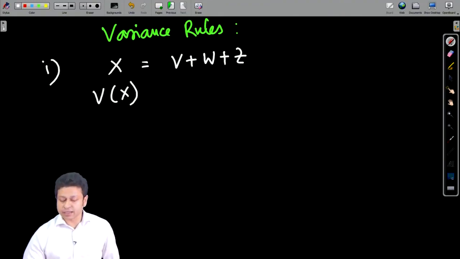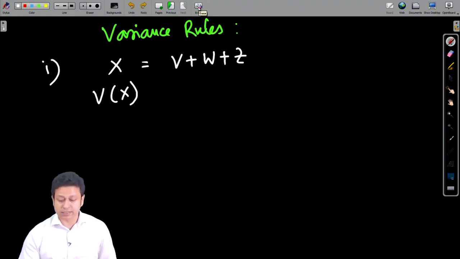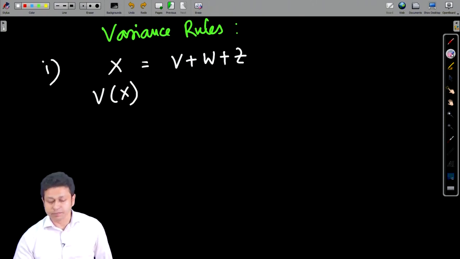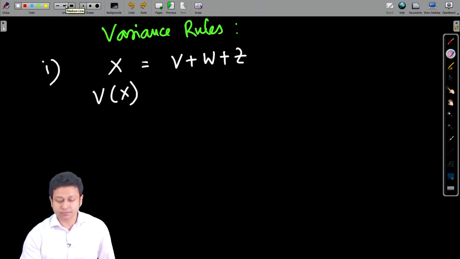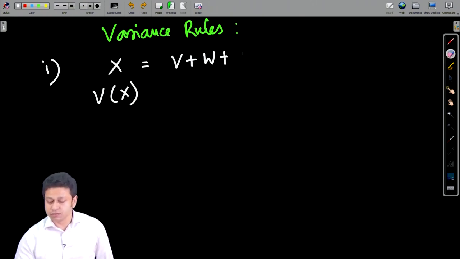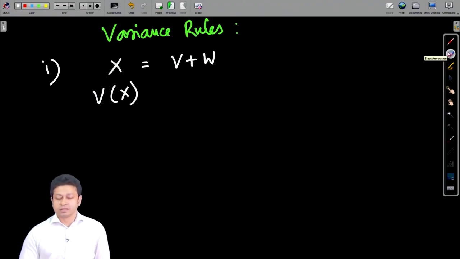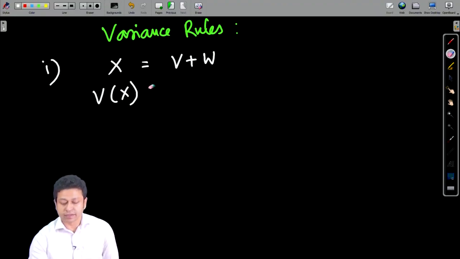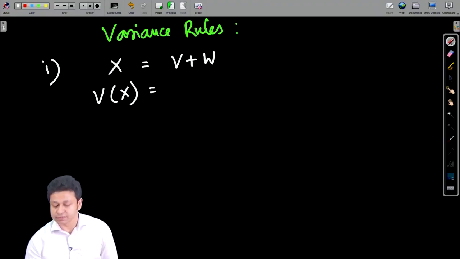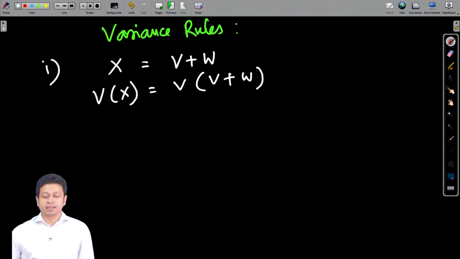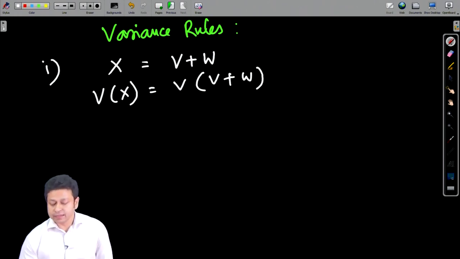Let us keep things simple and use 2 variables instead of 3. It will make our life simple. So, if I take the variance, what I will have is V of x.